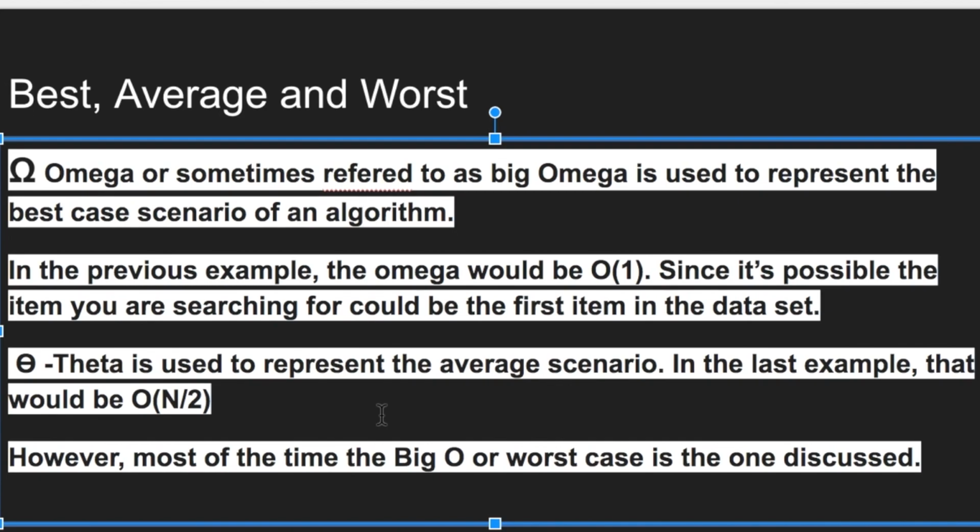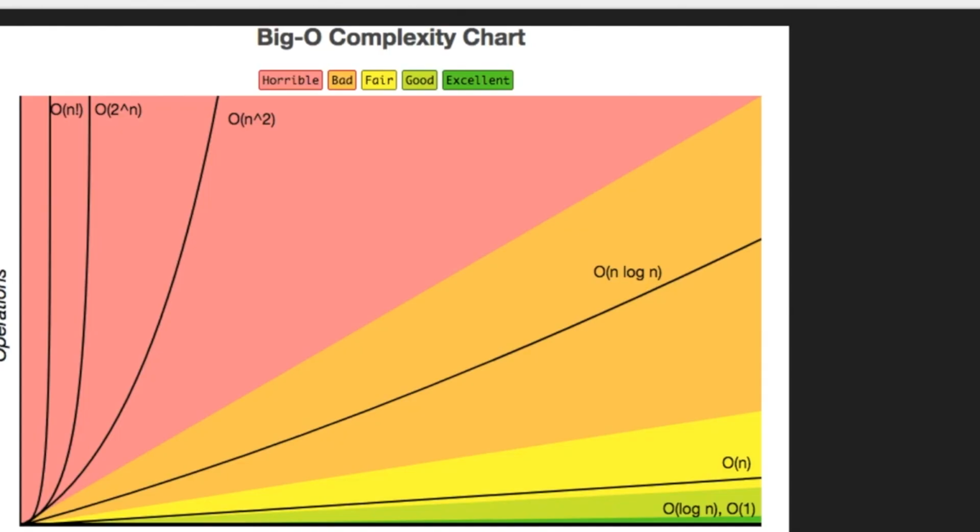But in our previous example, the average scenario would most likely be N divided by 2, because for most scenarios, you'll find the item somewhere between 0 and N. All right, so those are the terms you may come across from time to time.